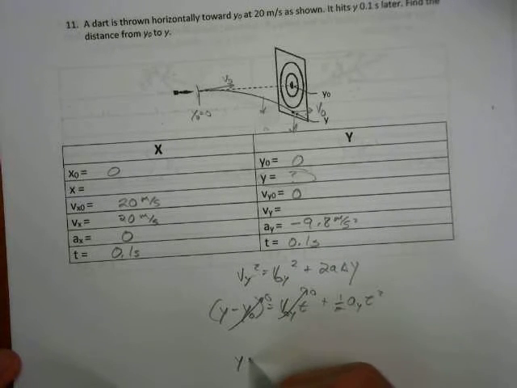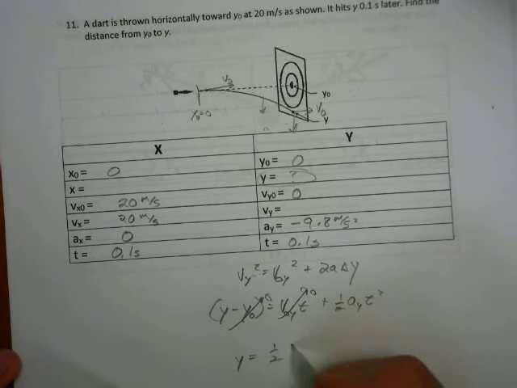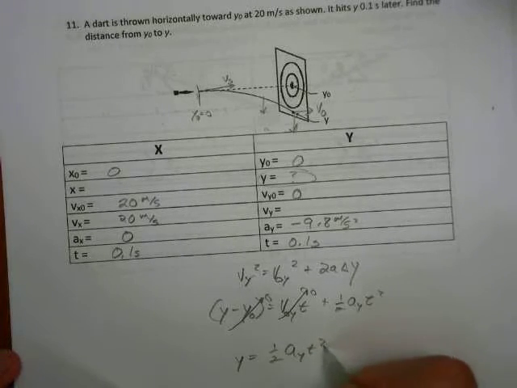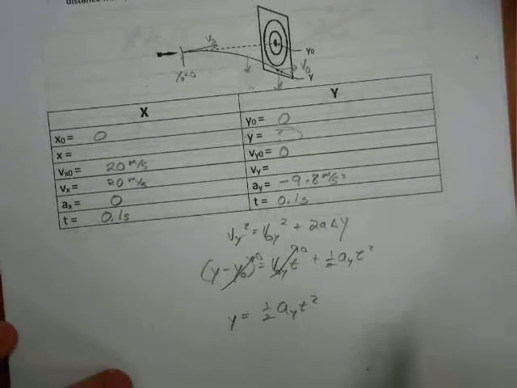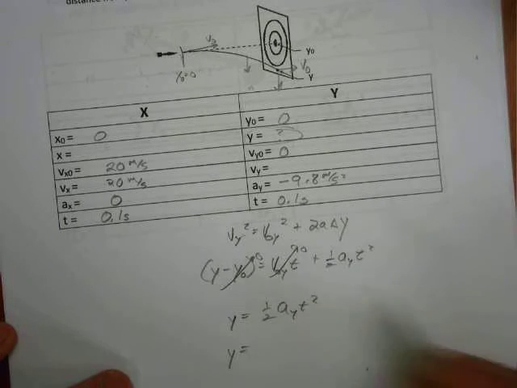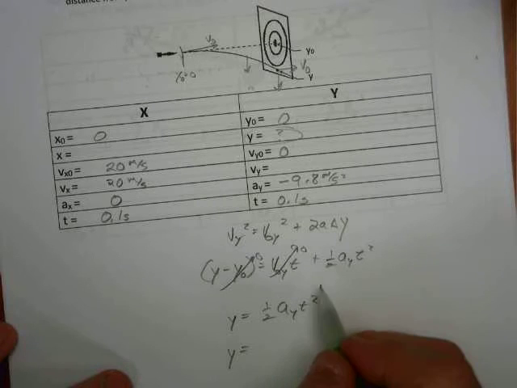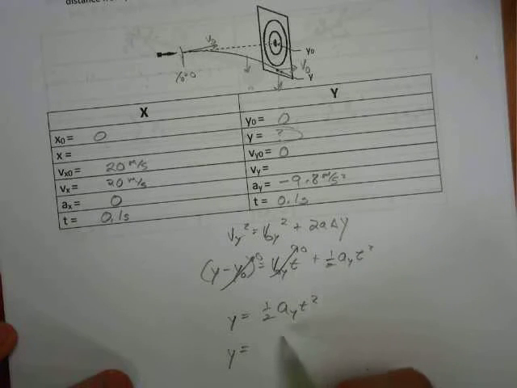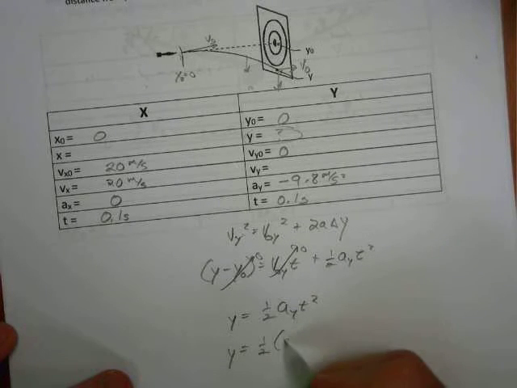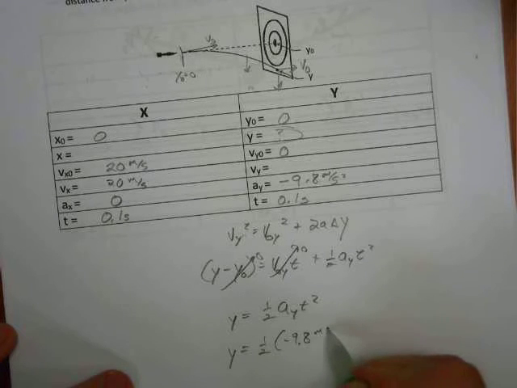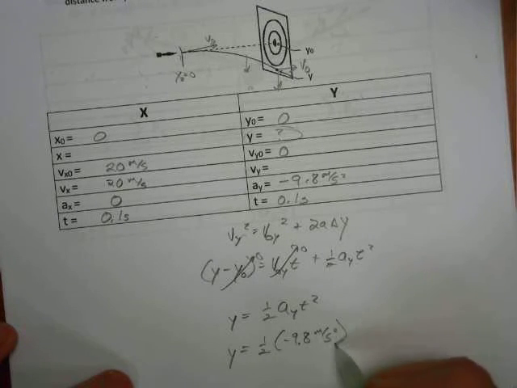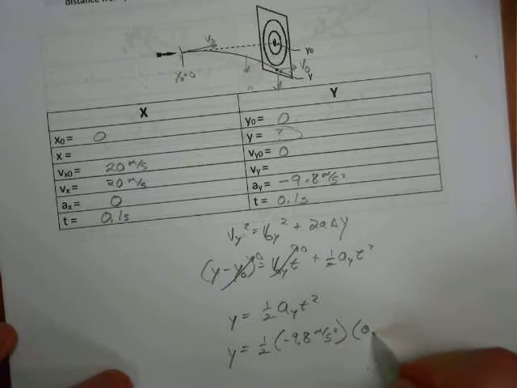So y equals 1/2 ay t squared. And now I can just plug that stuff in. y is 1/2 times negative 9.8 meters per second squared times t, which is 0.1 seconds.